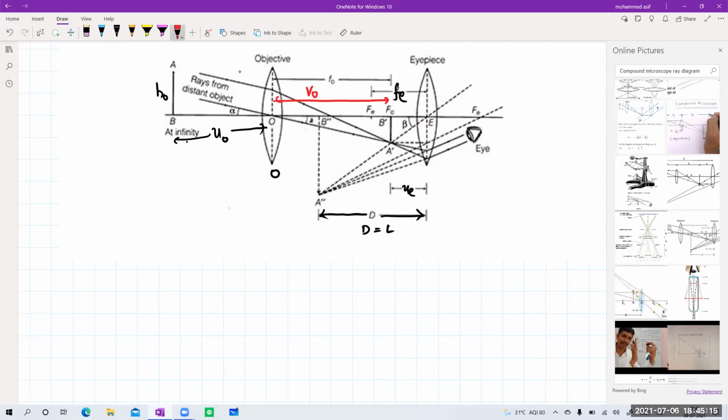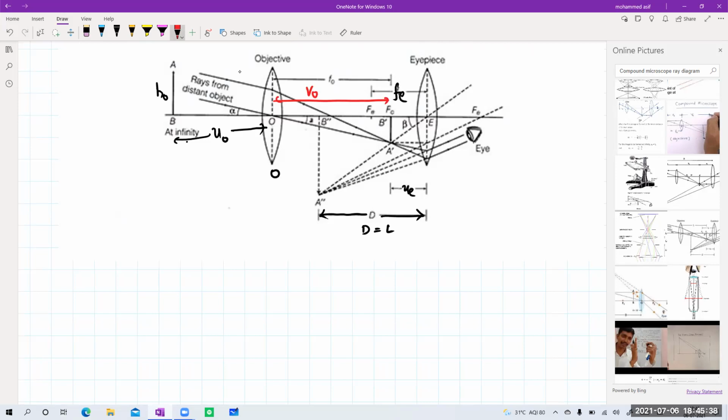So you got the object distance, you got the image formed by the object. Now the image formed by the object will act as the object for the eyepiece. Is that clear? Is the diagram clear for everything?